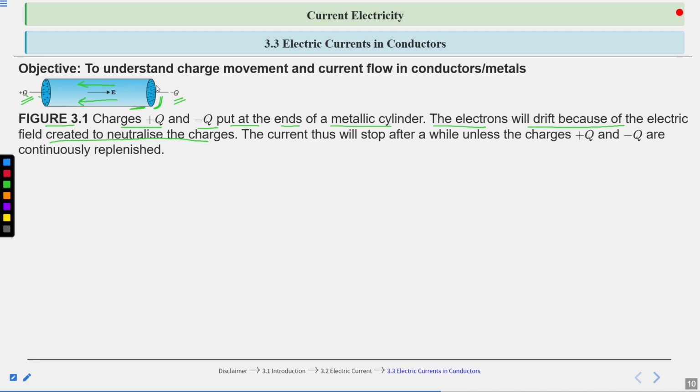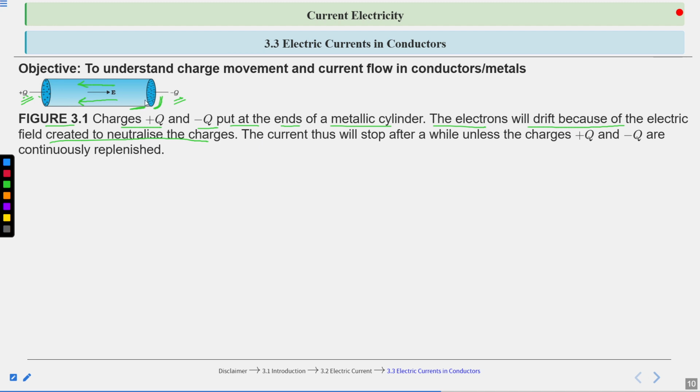So both the positive and negative charges will be neutralized by the movement of electrons. Then, if these charges are neutralized, the electric field vanishes, the potential difference vanishes, and the current will stop flowing.